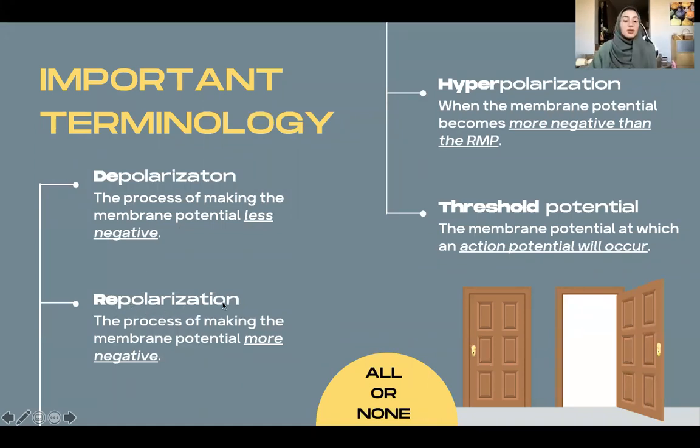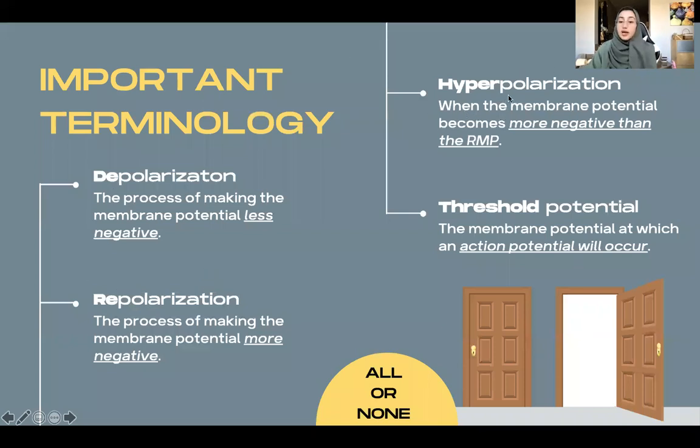If you're repolarizing the cell, well, re means again. So repolarization means to make the cell polar again, okay? So when you're making the cell polar again, that means you're making the membrane potential more negative, okay? So depolarization, which we'll see in a second, is the upstroke. Repolarization is the downstroke, okay?